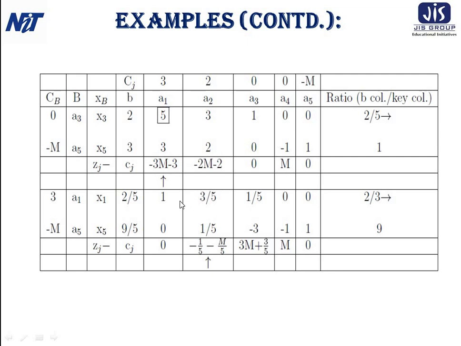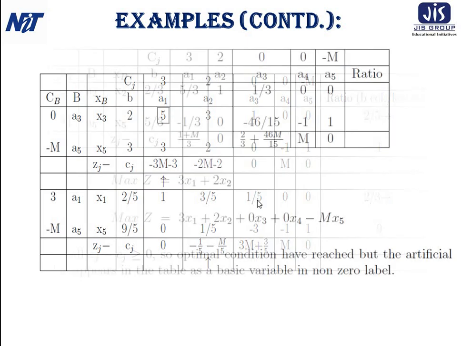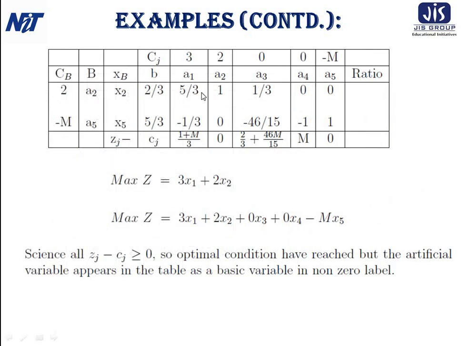We have to make it 1. That means multiply the key row by 5 by 3. So if we multiply it by 5 by 3, 5 cancels. So 2 by 3, 5 by 3, 1, 1 by 3, 0, 0.